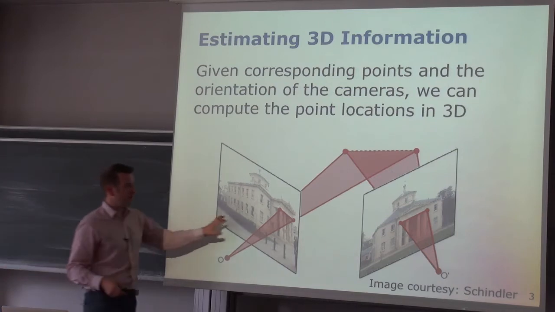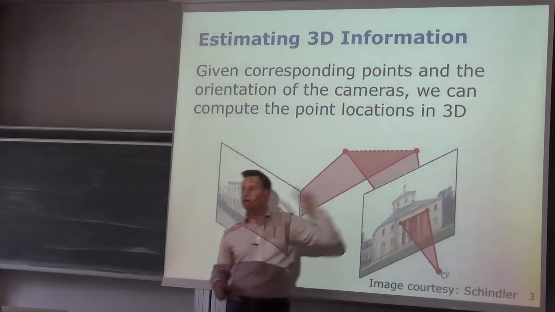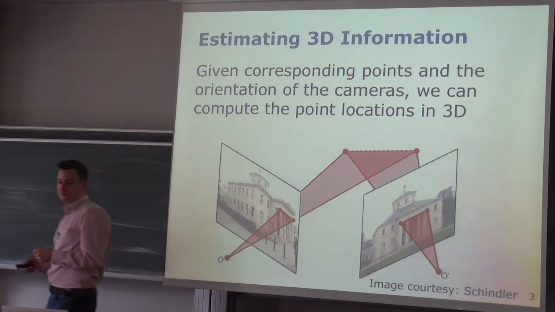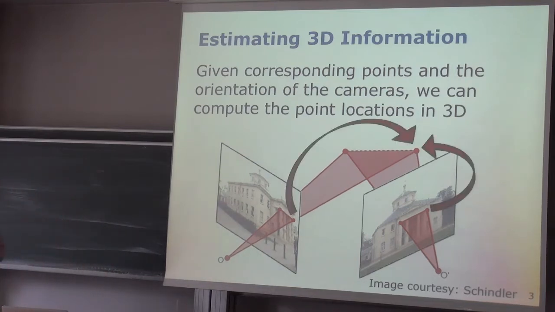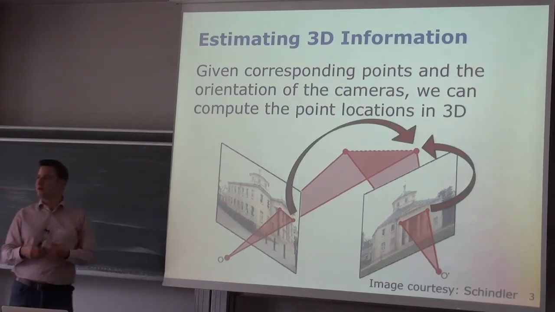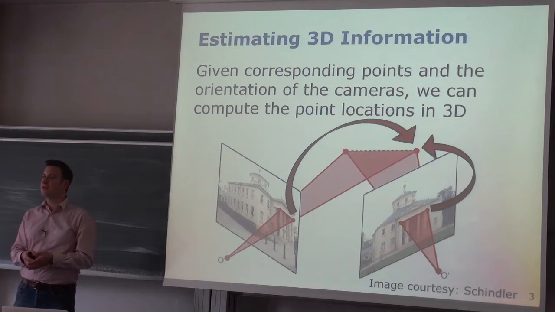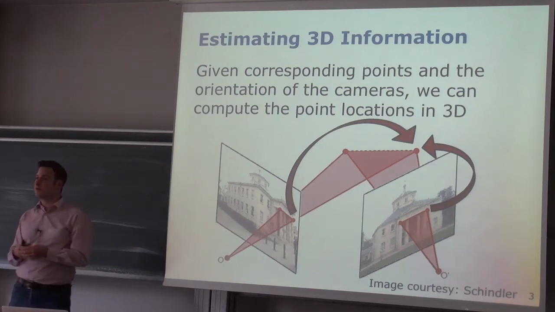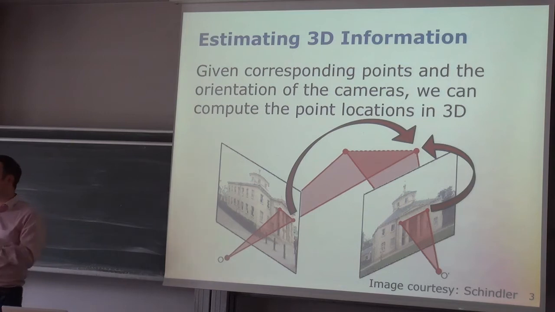If I have that information, I can estimate the 3D location of those points in the scene. And estimating the 3D location from images is a very relevant task in photogrammetry, because we are typically interested in estimating a 3D model from a sequence or a couple of images.